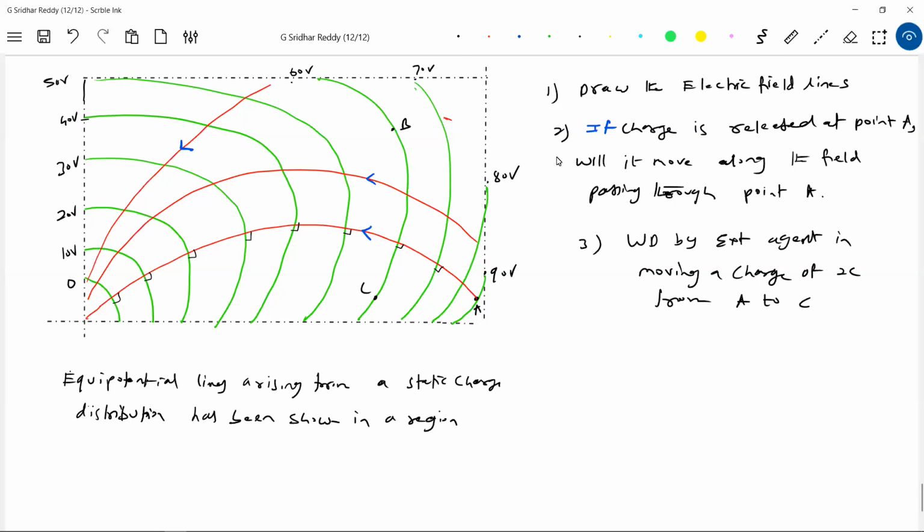I gave this explanation with the help of a diagram. This field is not produced by an isolated point charge. So definitely it will not move along lines of force. The answer is no.